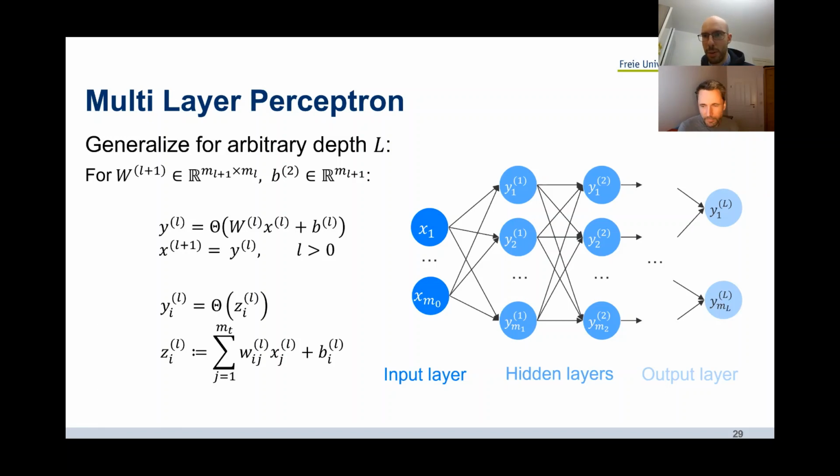And then basically you already have the generalization for an arbitrary depth multi-layer perceptron.